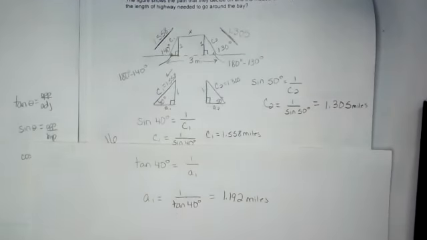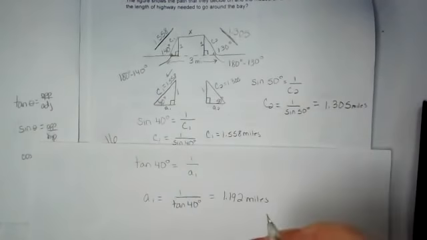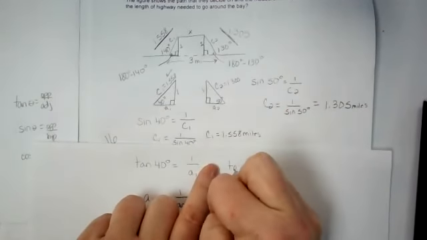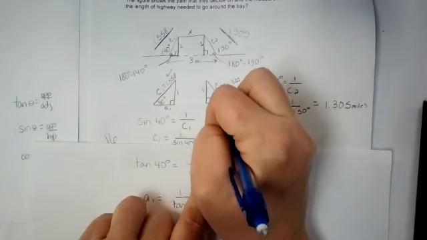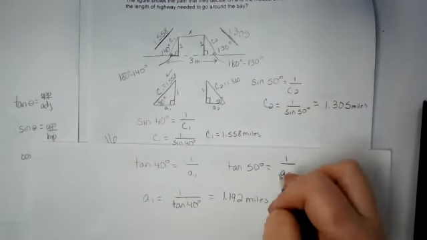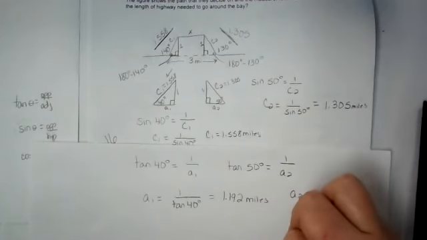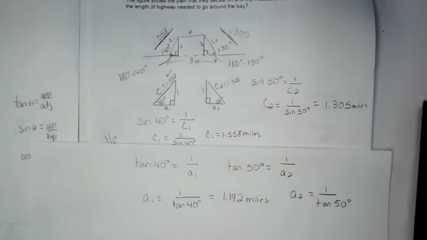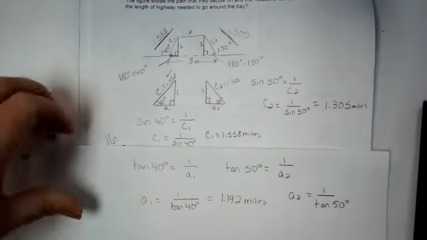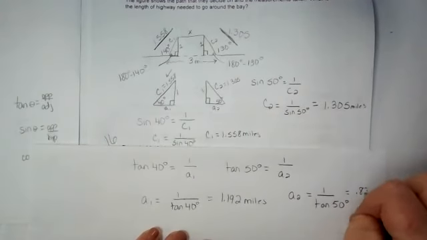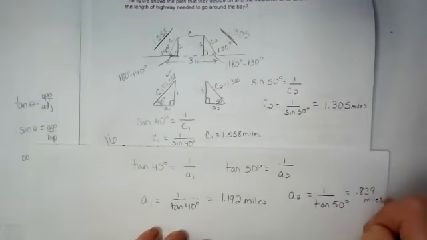So that A1 is going to turn out to be 1.192 miles. Now I'm going to do the same thing over here. The tan of 50 is opposite over adjacent. I'm going to switch these two. My A2 is going to be 1 over tan of 50 degrees. Then my A2 is going to equal 0.839 miles.